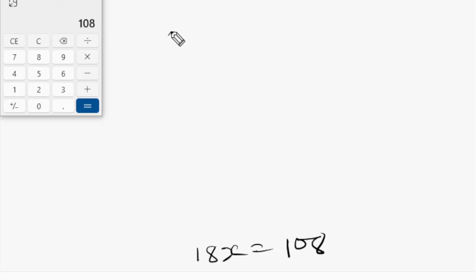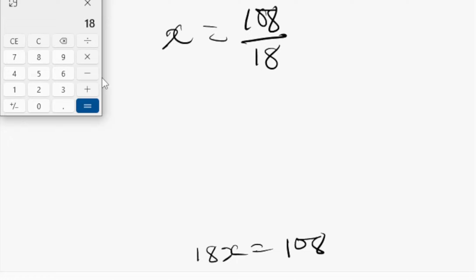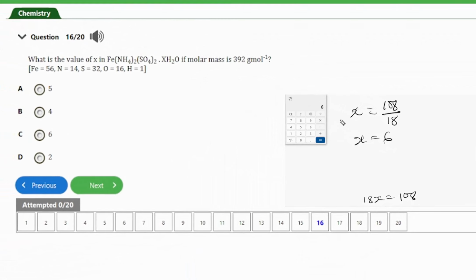So x is equal to 108 over 18. So 108 over 18 will be 6. So x is equal to 6. And that's option C here, guys. That's the answer to this question. X is equal to 6.